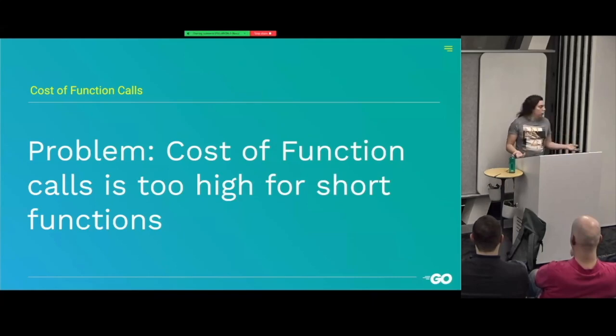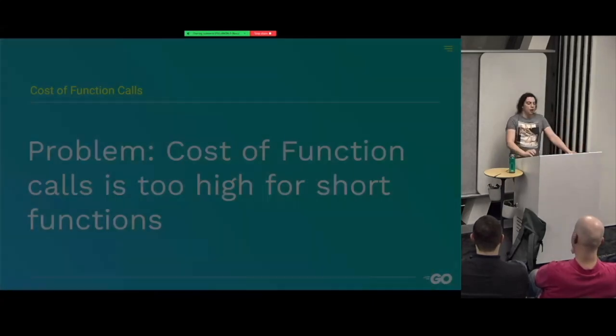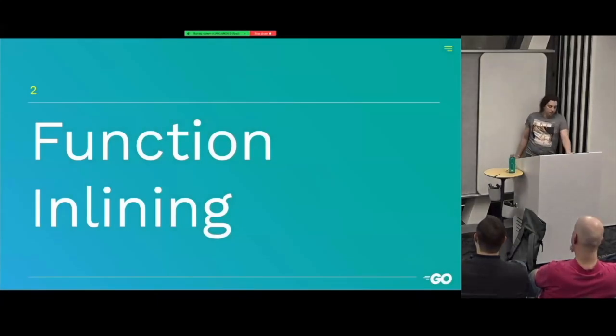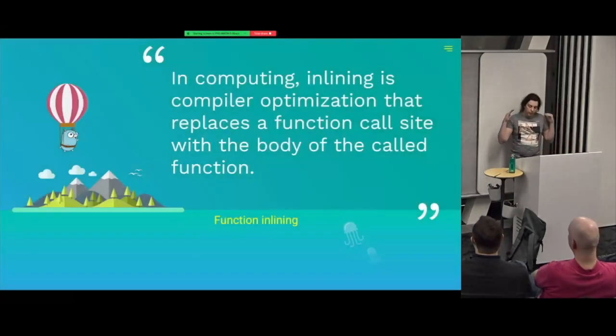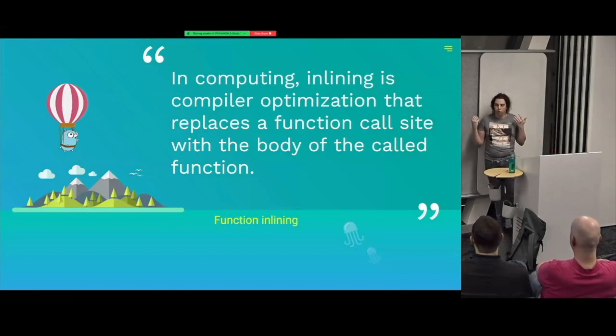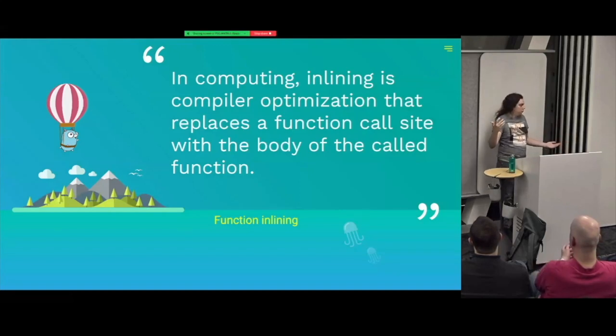So here comes function inlining. Function inlining is the compiler optimization that takes the body of a function you call and just copies it to the place from where you call it. Of course, you don't want to do this for the whole program, because if you have a big function that is called from 20 different places, you would grow your program code quite a lot just by inlining it.